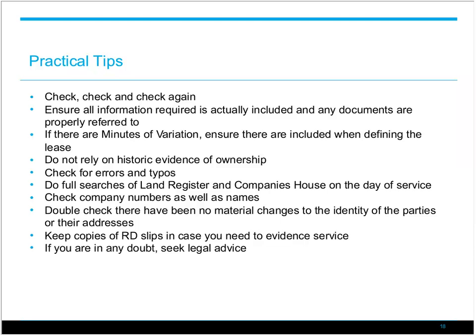Check the heading of your notice. Do searches in the Land Register and Companies House on the day of service if necessary. Double check there's been no material change as to the identity of the parties. For goodness sake, keep copies of any recorded delivery slips when you've served a notice. And, as always, if in doubt, seek legal advice.